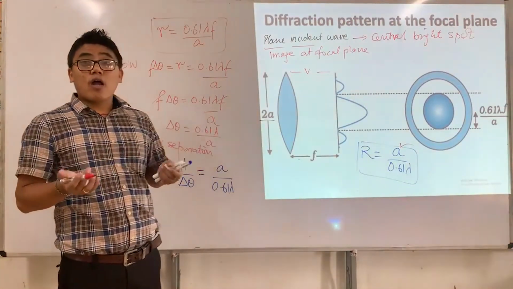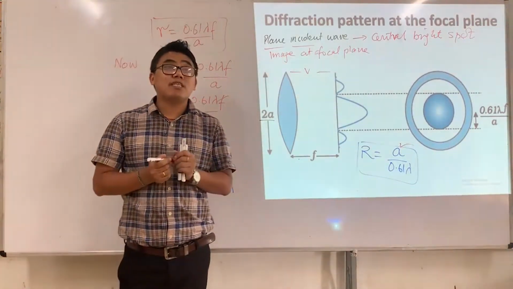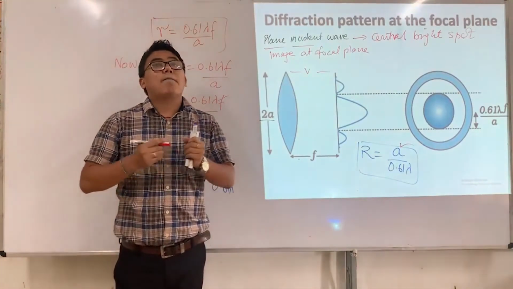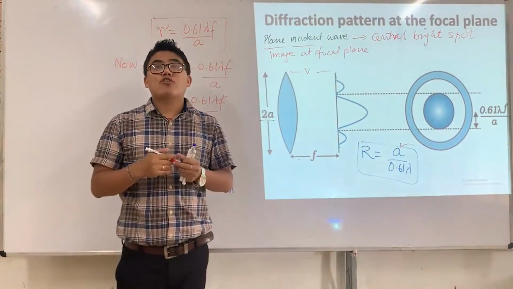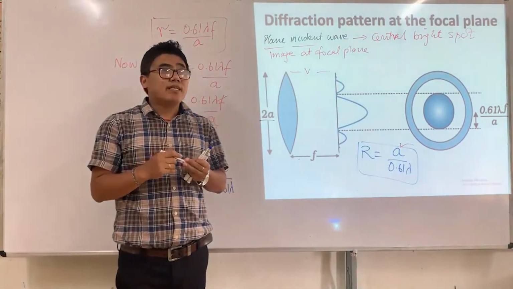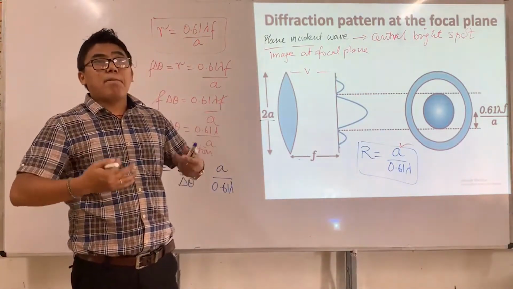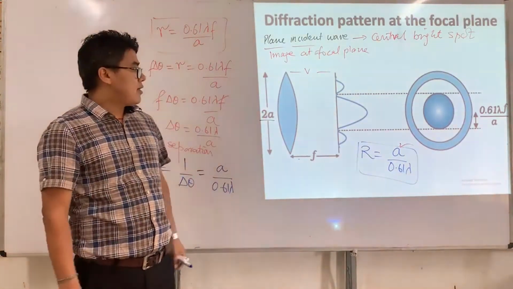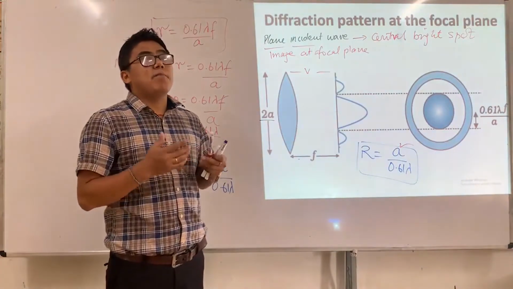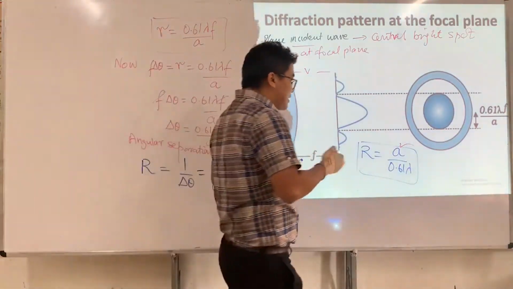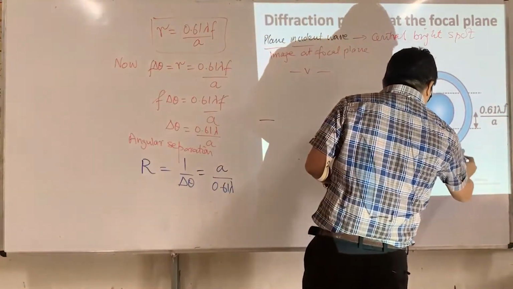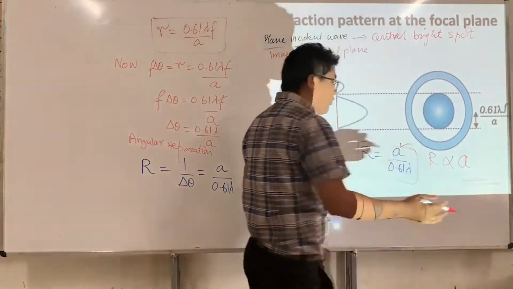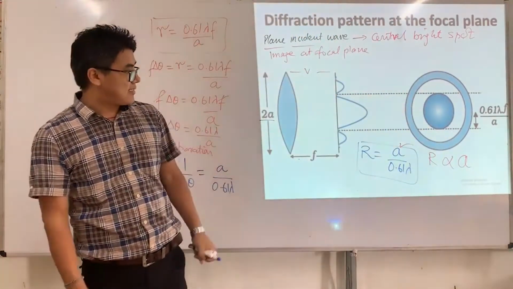So when we discussed ray optics, we said that we prefer a bigger objective lens for two main purposes: getting a better light gathering power, and second, better resolving power. So resolving power is directly proportional to the size of an objective lens.